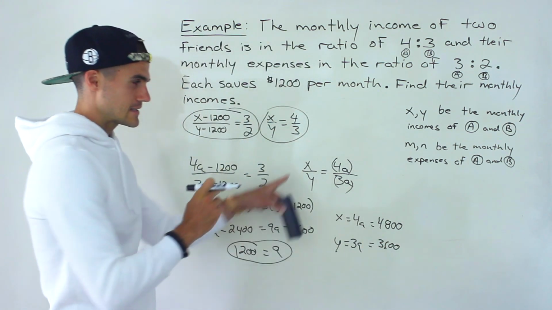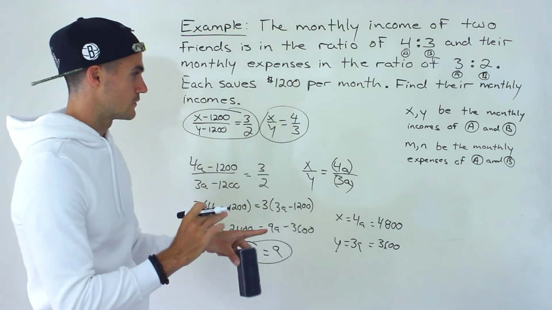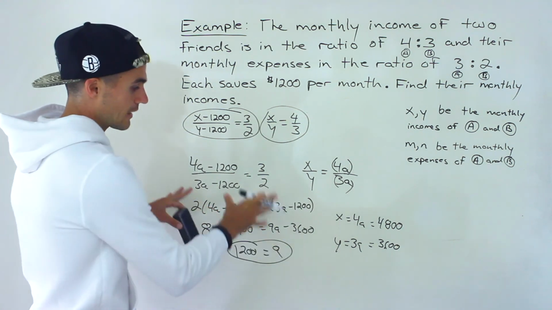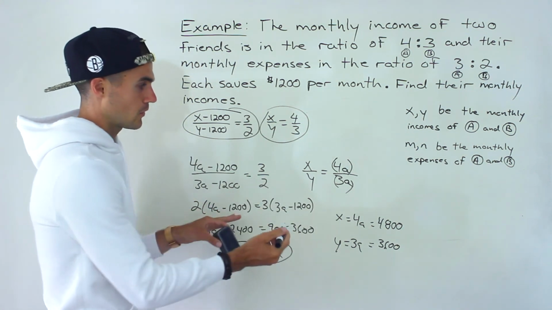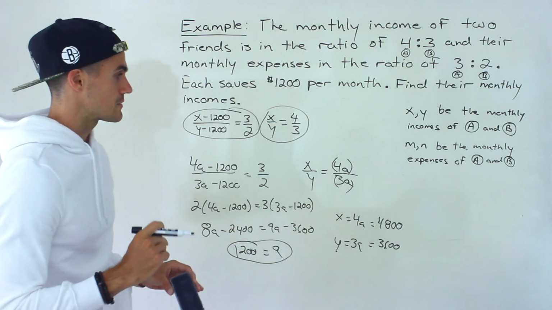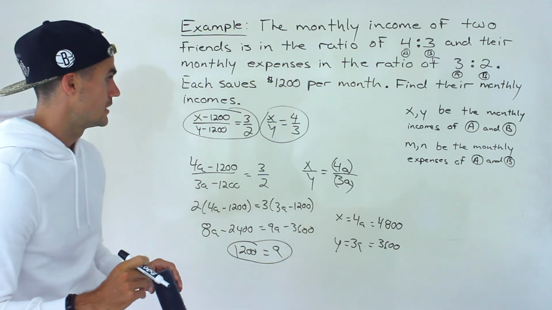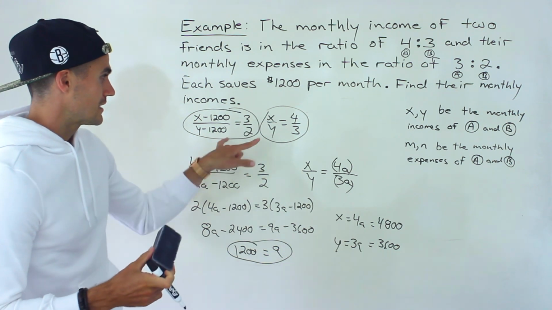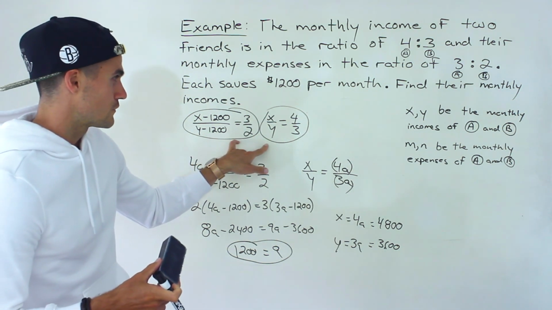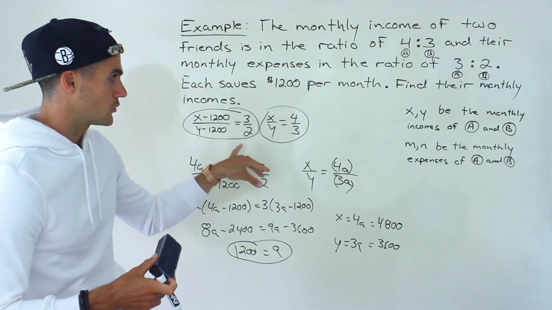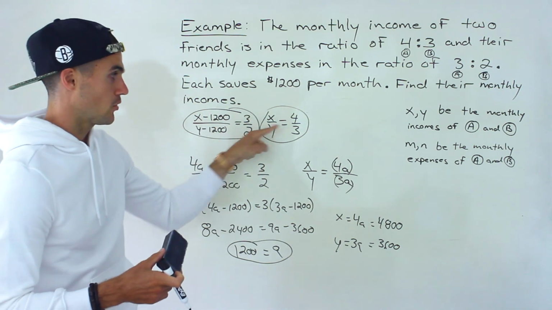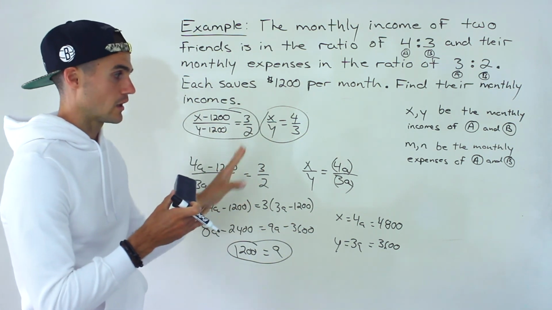So again, in my opinion, this is a little bit less intuitive to do, but the algebra is a lot quicker because you're only dealing with one variable. You don't have to worry about doing a substitution and elimination. But in my opinion, this is more intuitive, where you have these multiple variables. First off, getting to this point is a bit of work as well, as we did before.